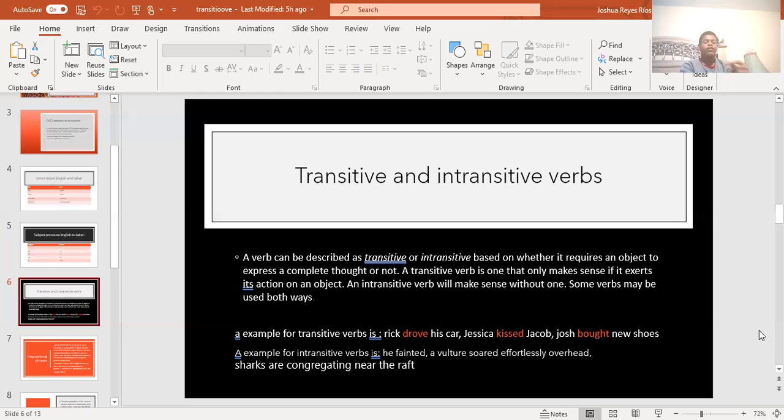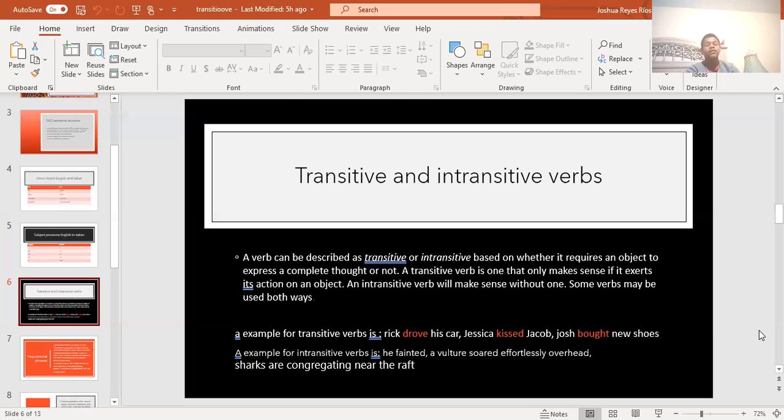An example for transitive verbs is Rick drove his car. See, drove is the action, the verb. He's driving his car, and his car is the object, of course.